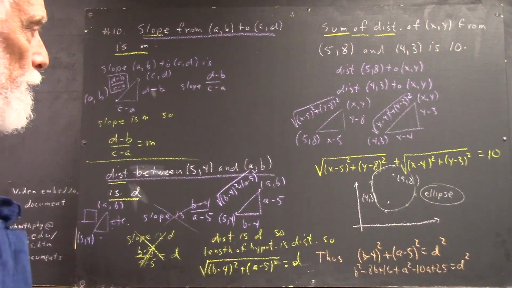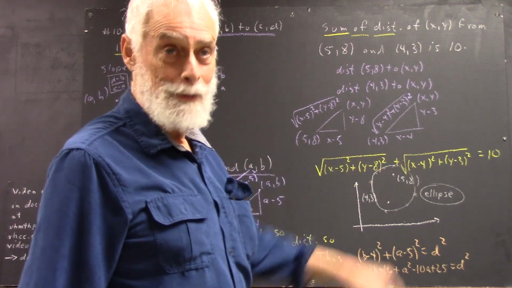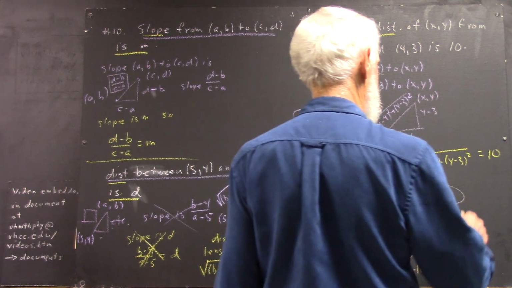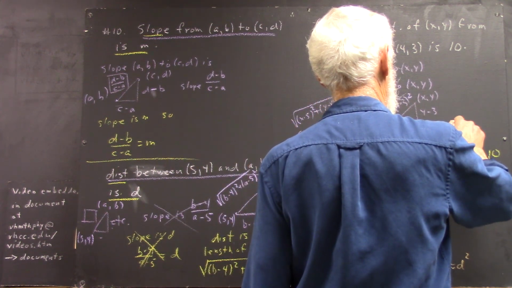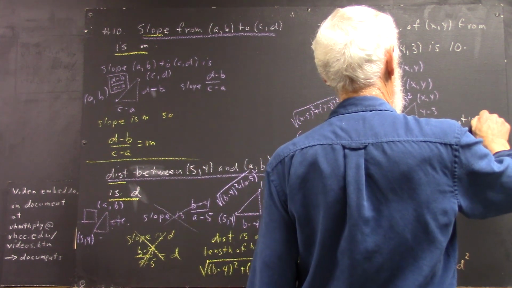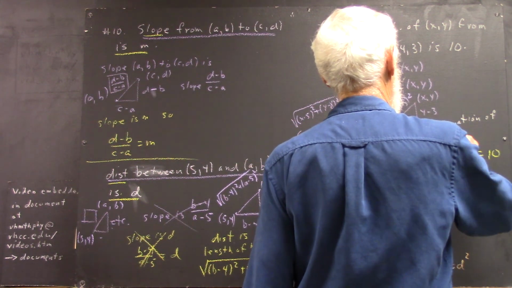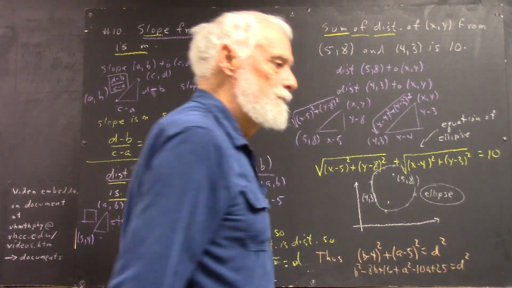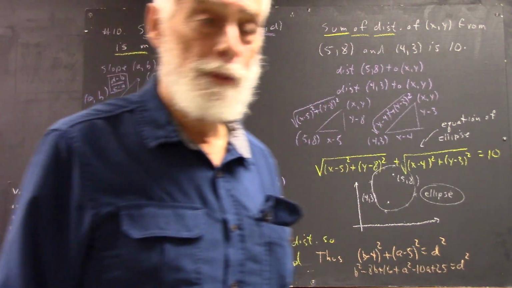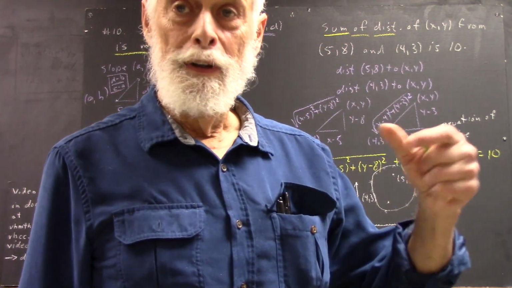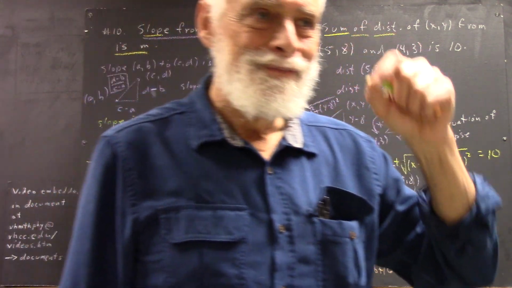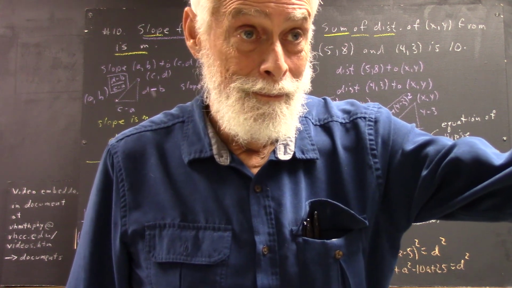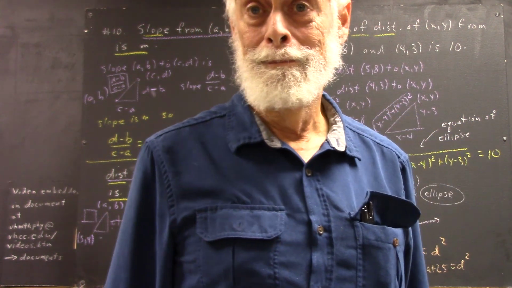So what we have here is the equation of the ellipse. The equation of an ellipse always says the sum of your distances from this point and from this point to xy is equal to some fixed number.